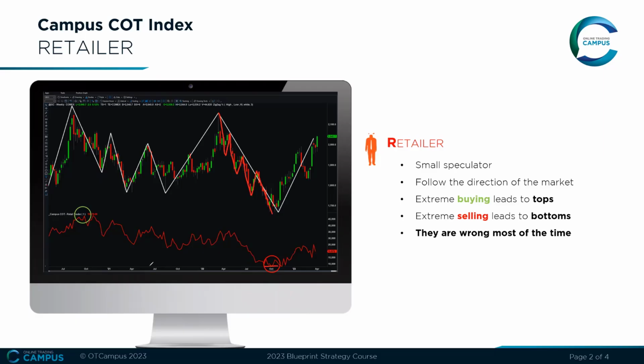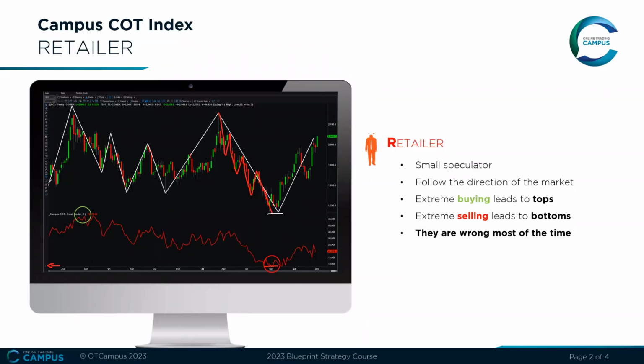However, they're at a 3-year low in terms of their exposure. I can't go to the left here, unfortunately, but we know that since 2021 or 2022 they haven't been that low. So it's the lowest that they have been. And what do we see as a result? Well, if we follow the trend, we're missing that the trend is potentially ending here. And of course, only if we saw the commercials buying at the same time.